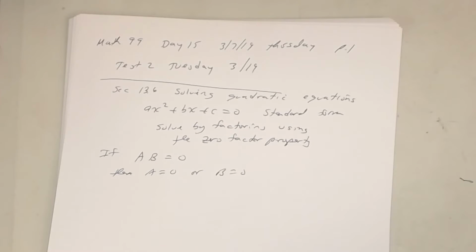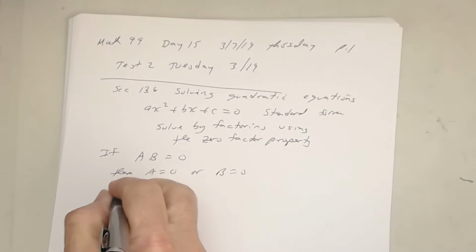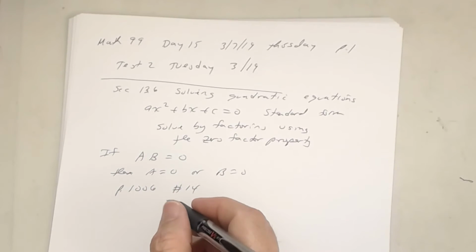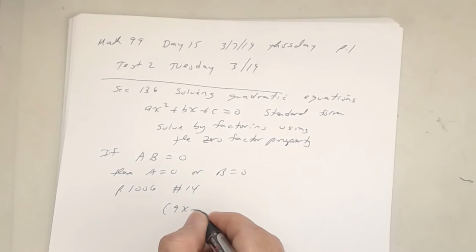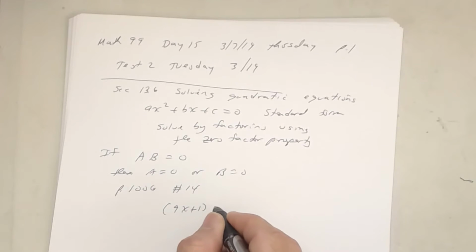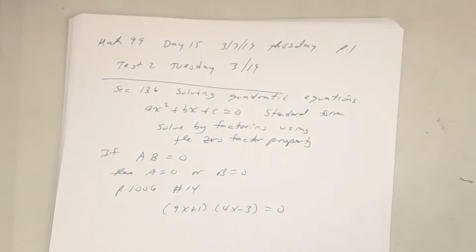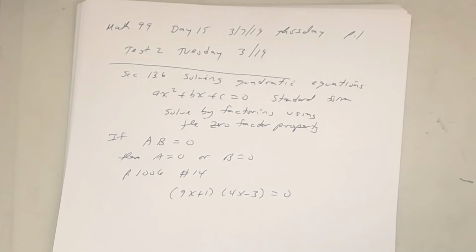And so we started out with something like number 14 on page 1006. It looks something like this. We have 9x plus 1 times 4x minus 3 is equal to 0. So if you notice what we have here, how many factors do we have?